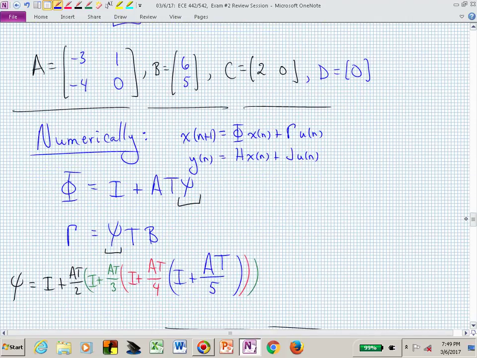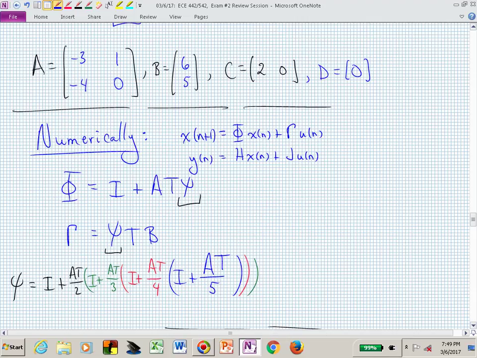A B matrix, oh, I have expressions for that that will converge rather quickly if I just do this preliminary computation on another matrix, psi, where psi is sort of this nested collection of ATs. It's AT over 2 times I plus AT over 3 times I plus AT over 4 times, and you can stop me when you get tired.